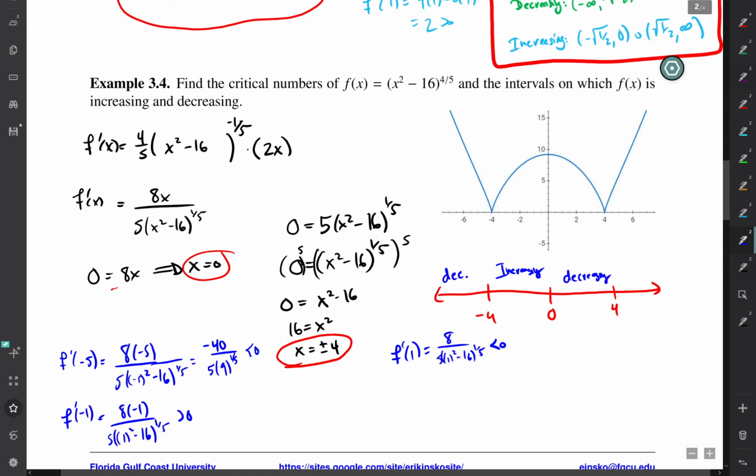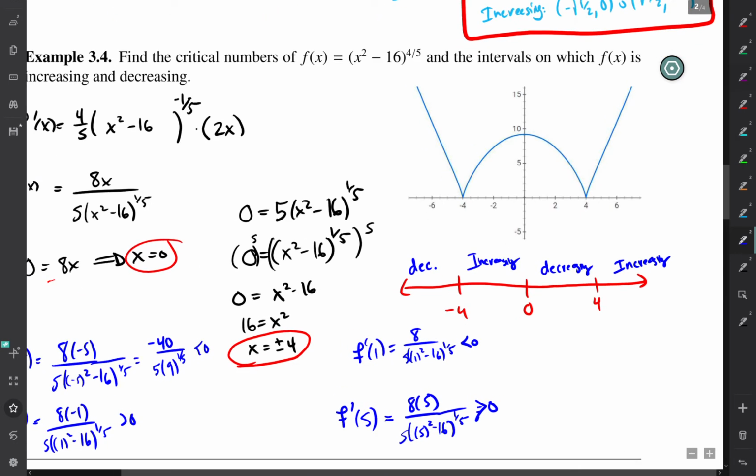And then finally, f prime of some number to the right of 4, like 5, is 8 times 5 over 5 times (5 squared minus 16) to the 1/5. Again, that's a positive over a positive, so that's greater than 0. So I know the function's increasing over there.